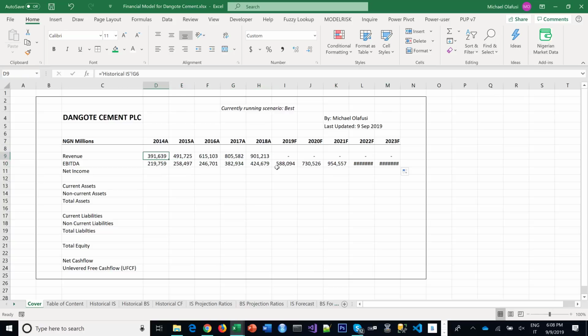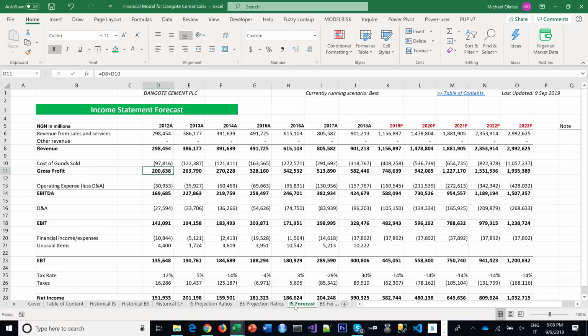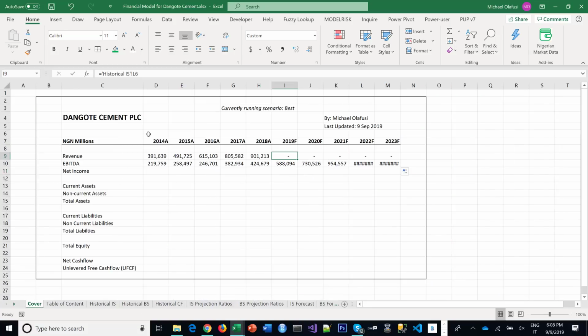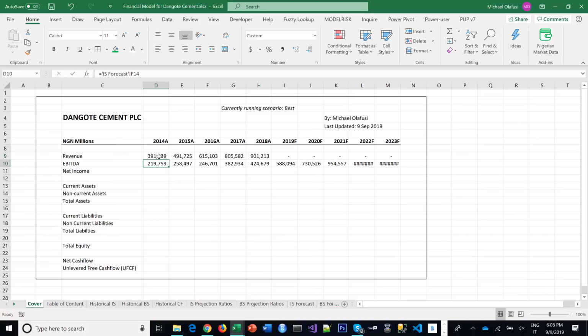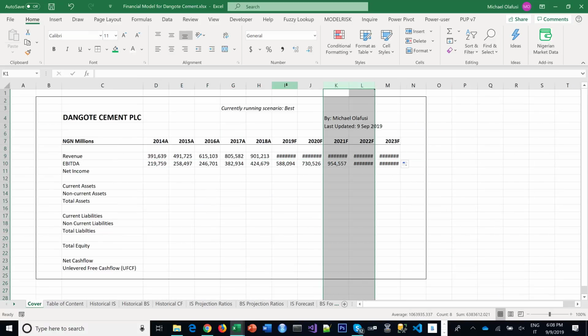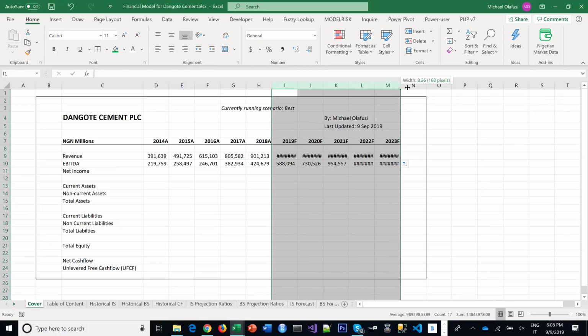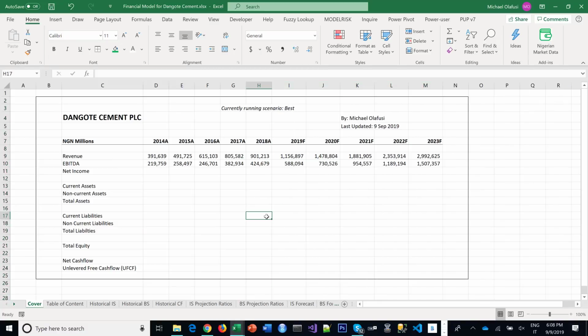What happened to the revenue? That's interesting. Oh, okay. I picked the revenue from history. So revenue from forecast 2014. Can slightly increase it.